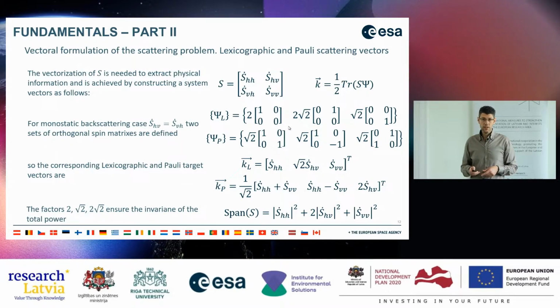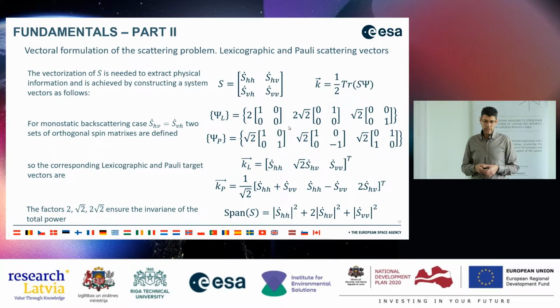And in polarimetry, you will hear about two of these orthogonal spin matrices. One is called lexicographic, which is given by CL. And the other one is the Pauli representation, which is given by CP. Here are the equations. And if you substitute these in the transformation above, then you get a vector representation of the scattering matrix, which is given by KL and KP.